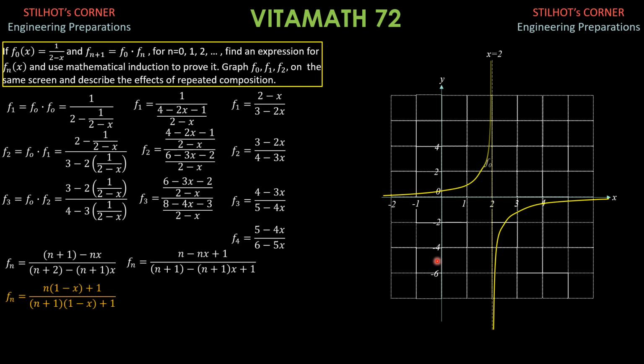So that's why it is asymptotic to the horizontal y equals 0, because F0 is approaching 0 when x is negative infinity or positive infinity, and we have the vertical asymptote.